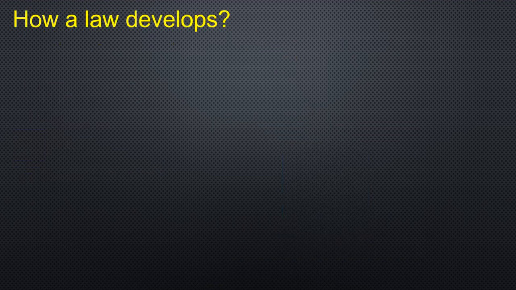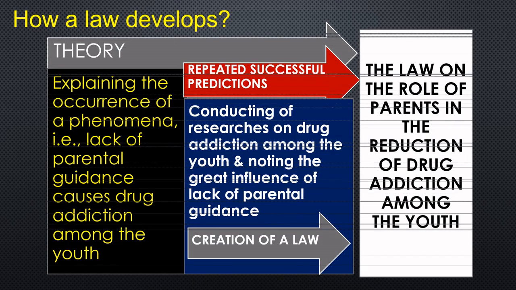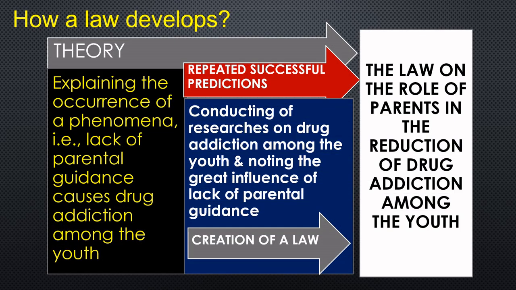So, how a law develops? So, paano nga nadidevelop ang law? Okay, so going back to the discussion. First, you have to set up your theory or hypothesis. You try now to make an assumed explanation of an occurrence of a phenomena.